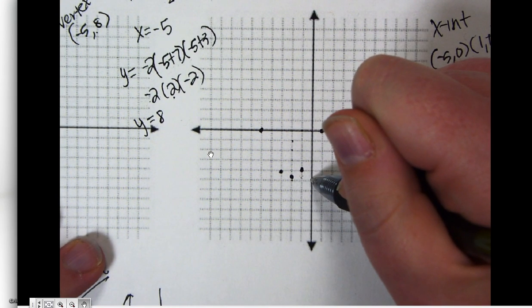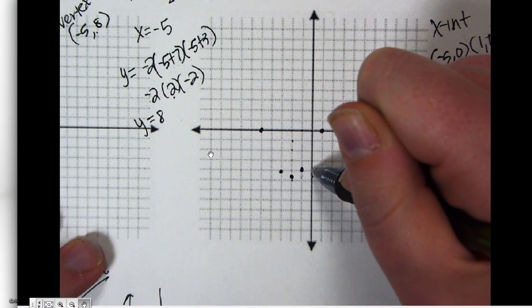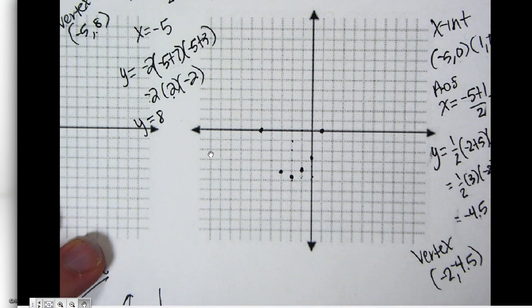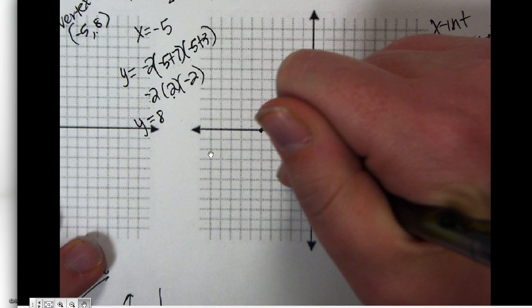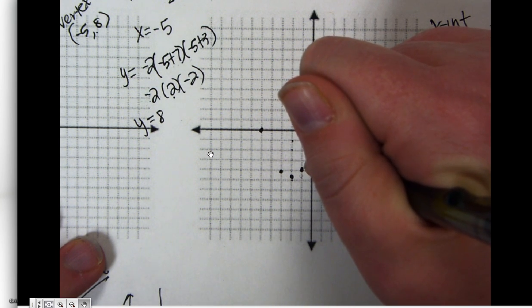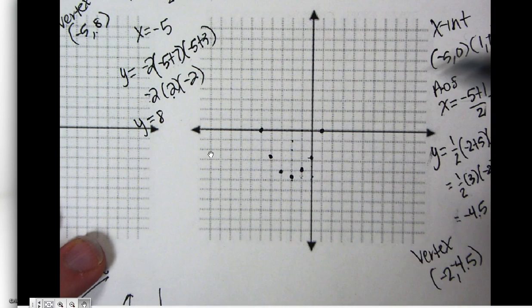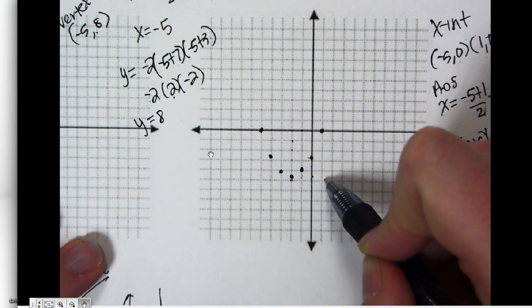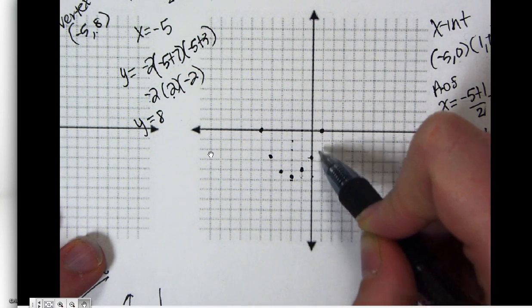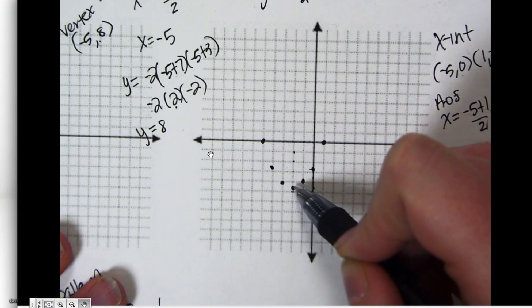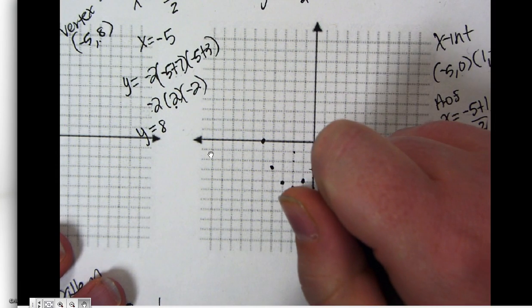So right 2 and then up 2. By symmetry, I've got the other point right there. And then if I go right 3, I usually go up 9. I'm actually going to go up 9/2, which is 4.5. And that's where we're getting our x-intercepts.